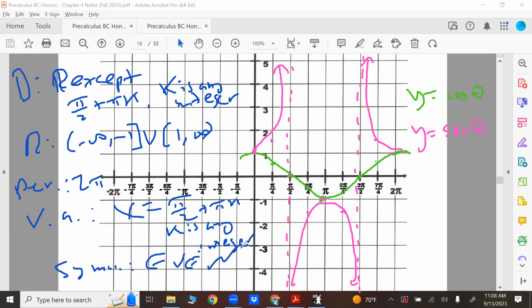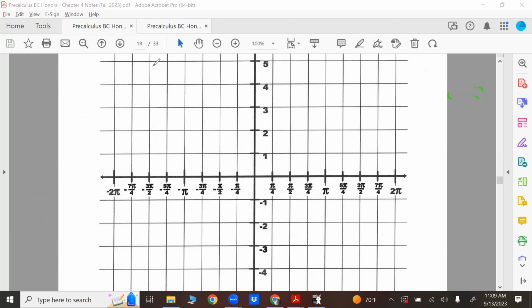Let's do a problem and see what happens, when we can start having shifts and compressions and stretches. Yeah, let's see what happens. Should we restate the phrase? Yeah, of course, right.